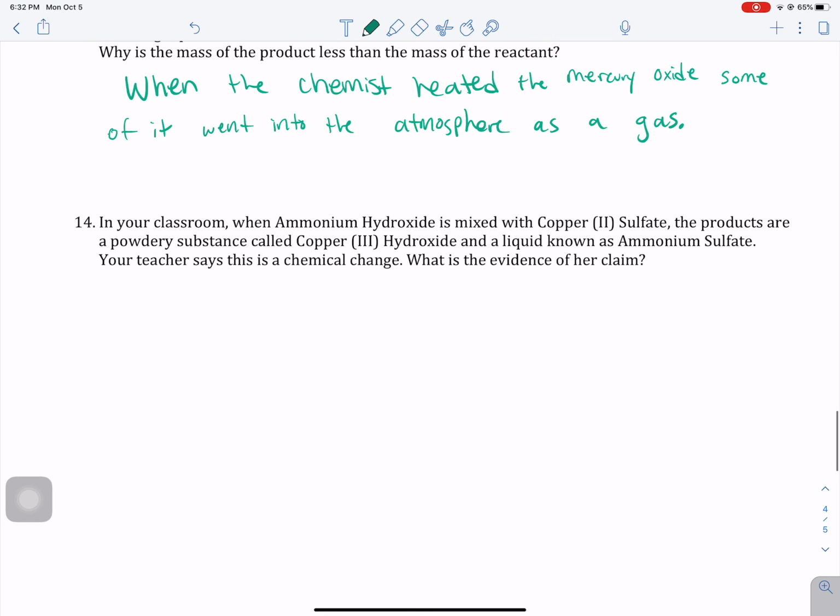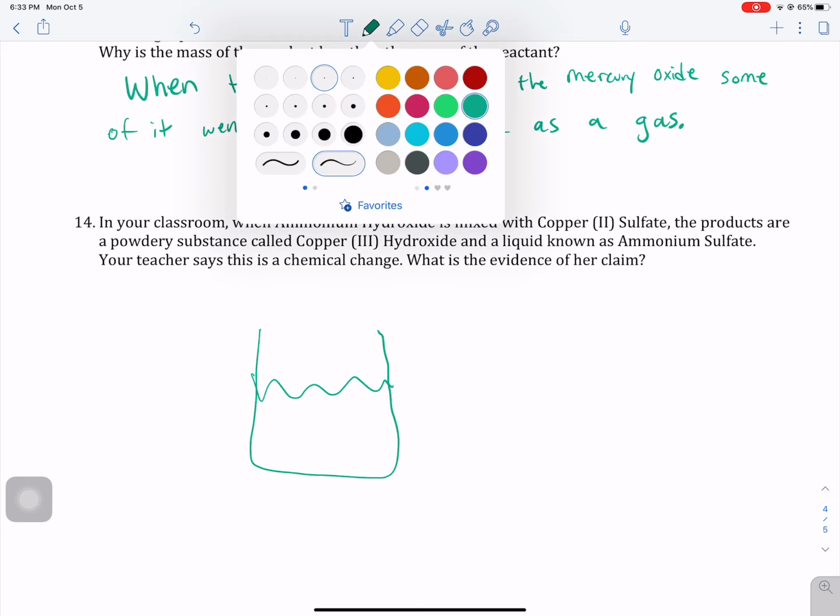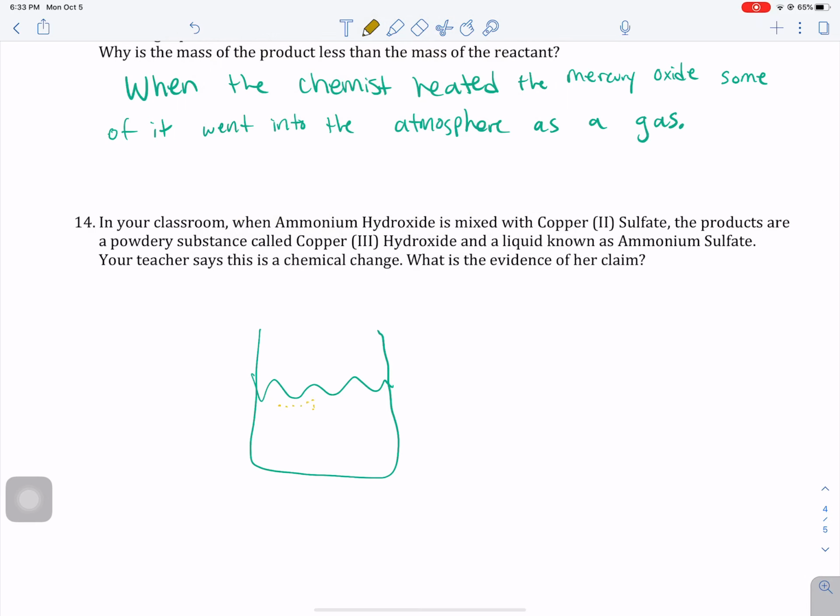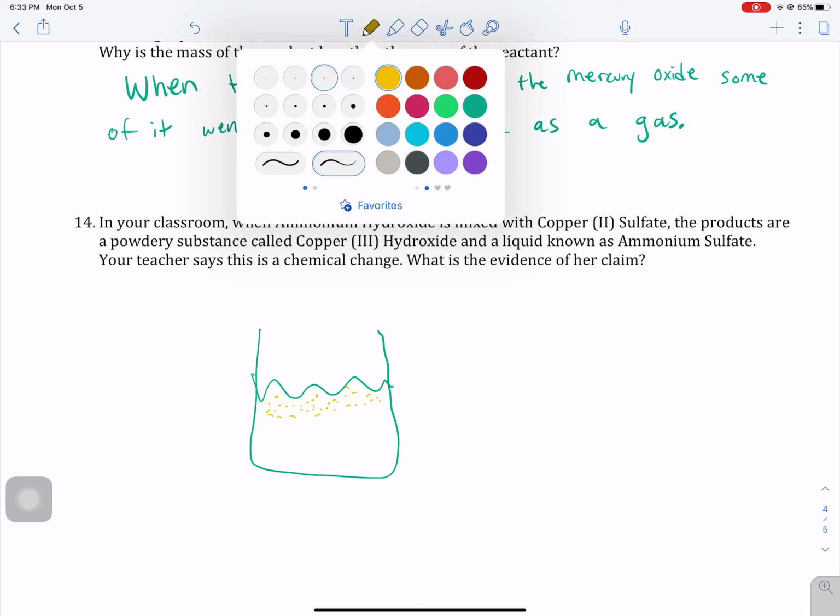So if you have done this one, if your teacher showed you this, when they mix together, there's actually going to be a little precipitate at the top. So when they mix together, they actually make a product. They make an actual visible product. Okay, what's the evidence?